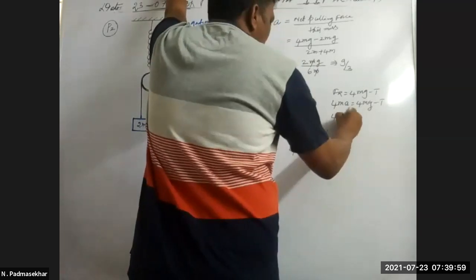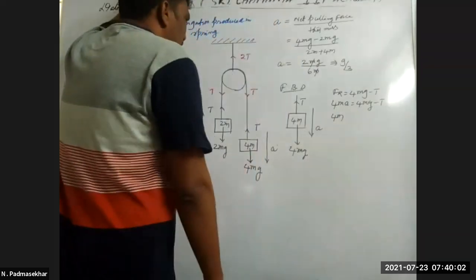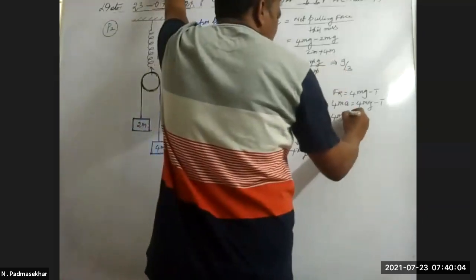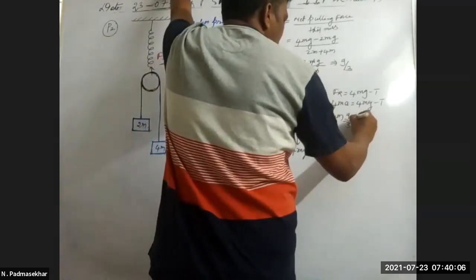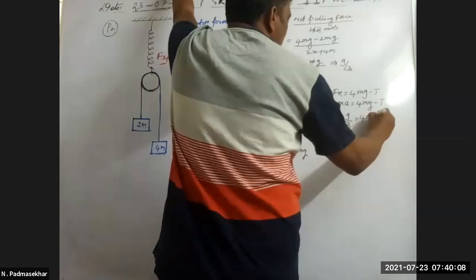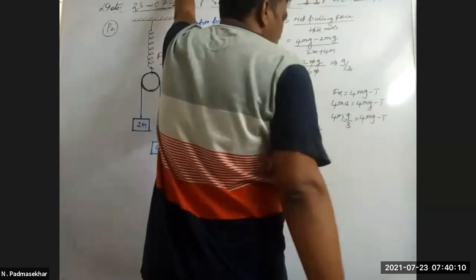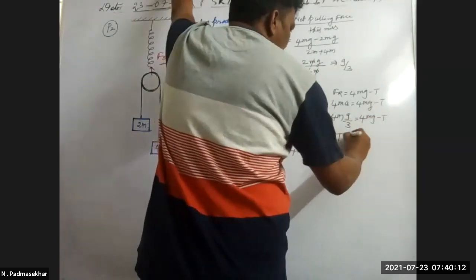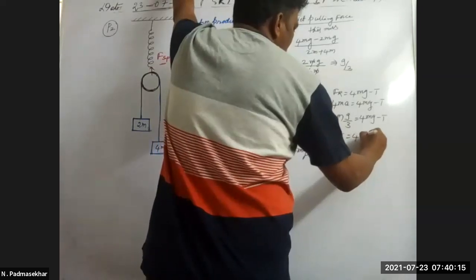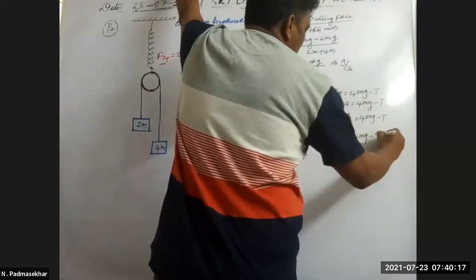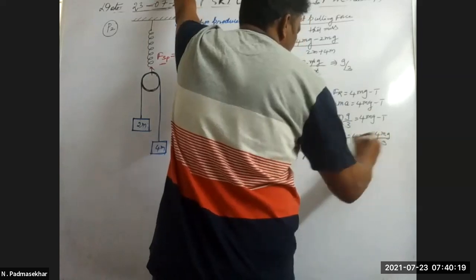With a equal to g by 3, 4m times g by 3 equals 4mg minus tension.